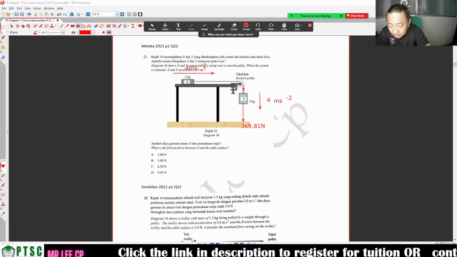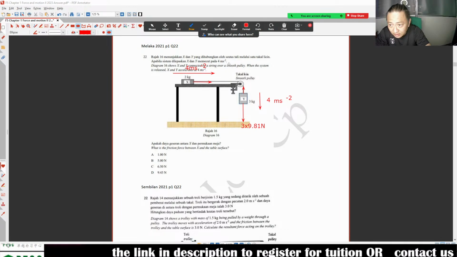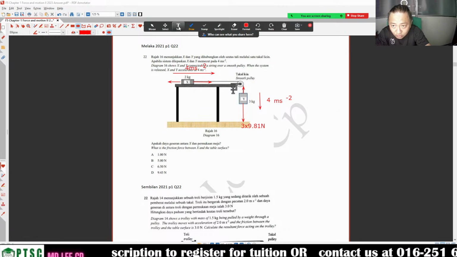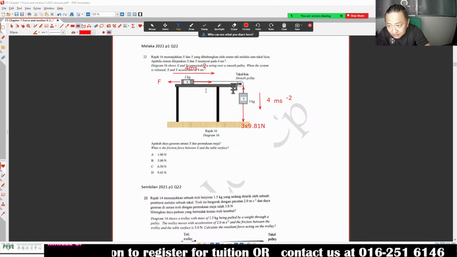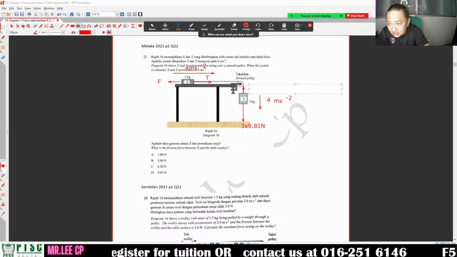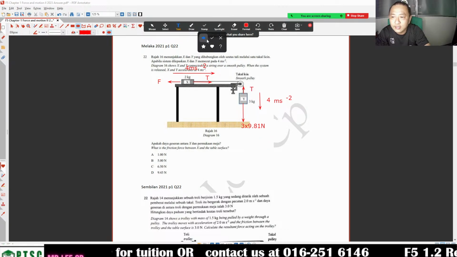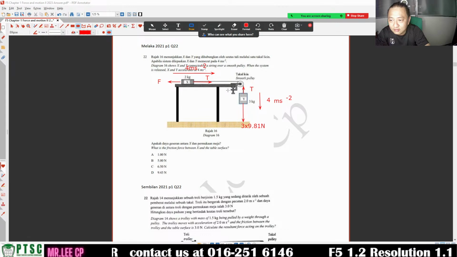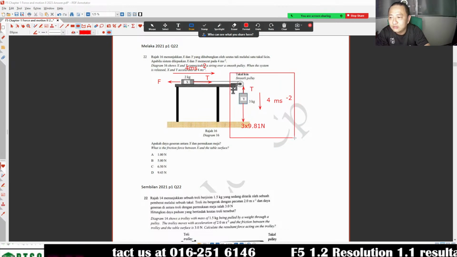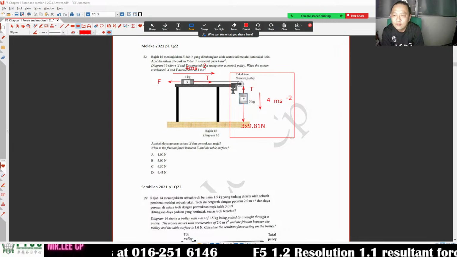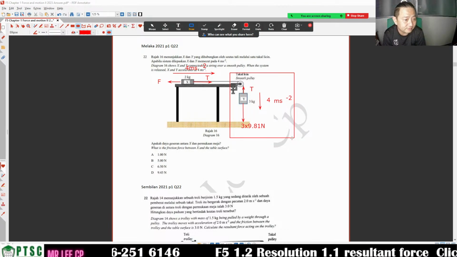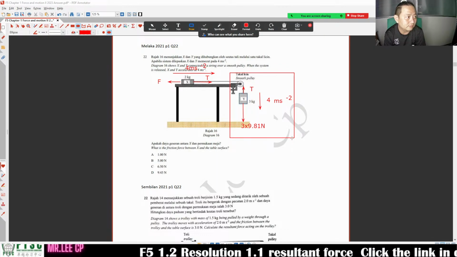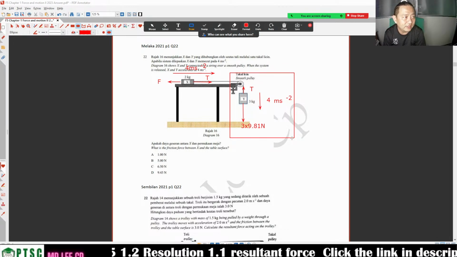Here we have tension, and here we have tension, with a smooth pulley. What is the frictional force? I don't know, so I put it as F. This one is T, and this one is T. I want you to find the T for me first.